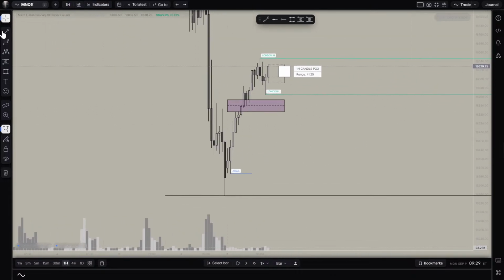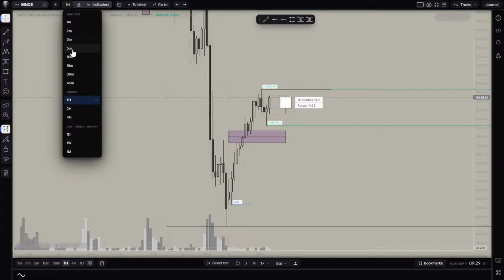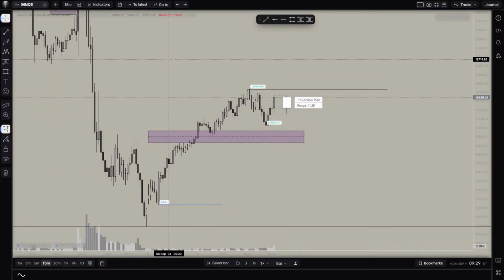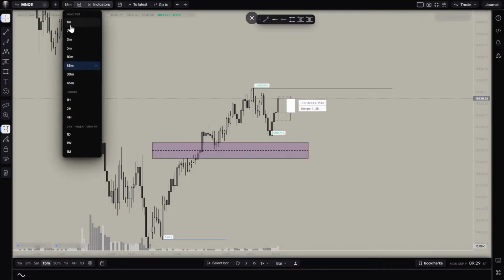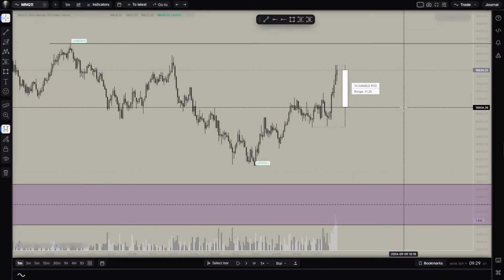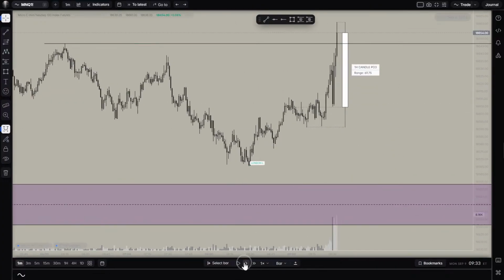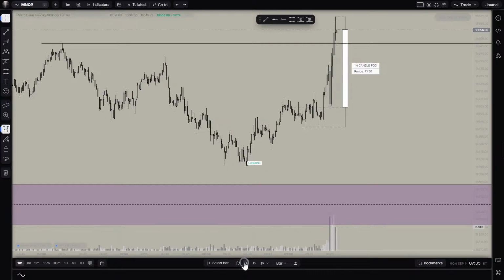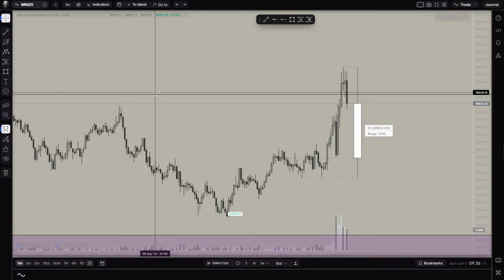Let's see a liquidity sweep into the London highs to this hourly gap, which will give us good momentum to take into the sell side. Okay, we take that. We close below.